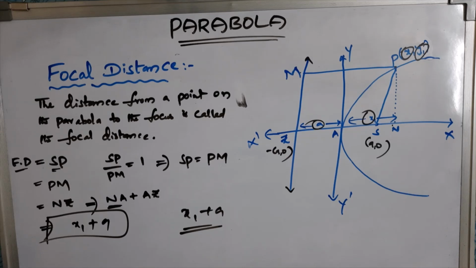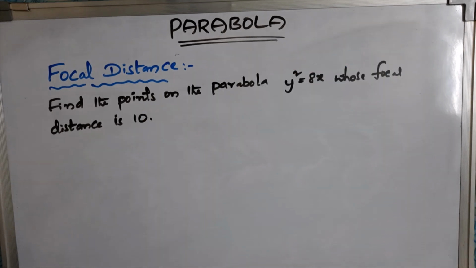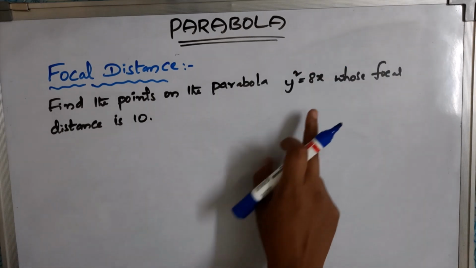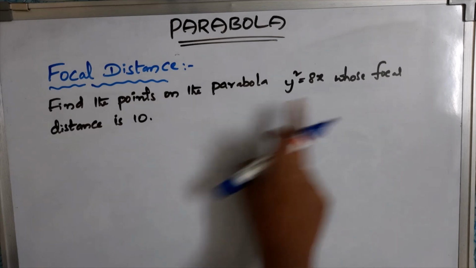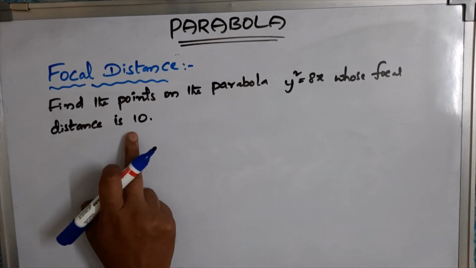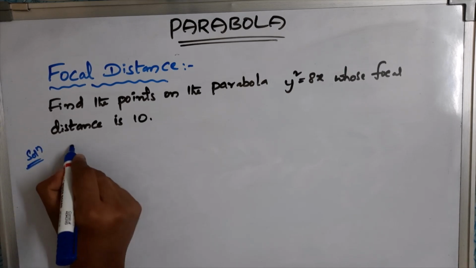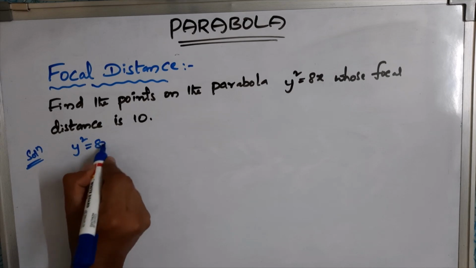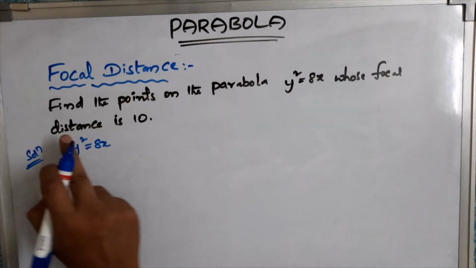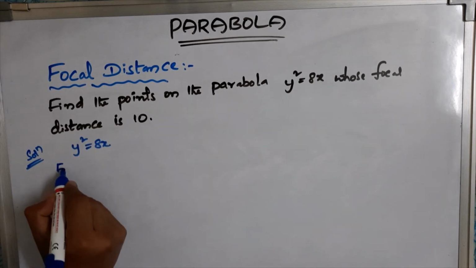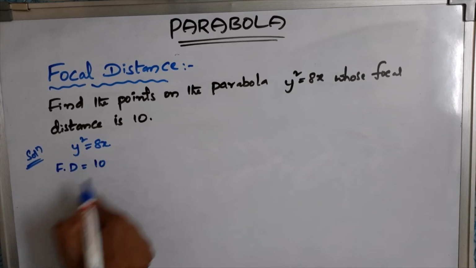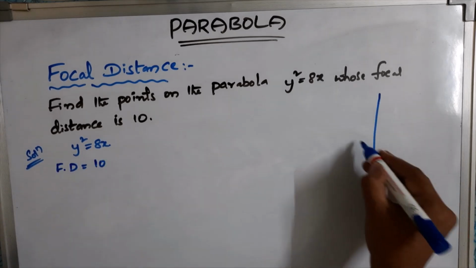Now I am going to solve one problem on focal distance, then we will get a clear idea. As you see in the question, find the points on the parabola y squared equals 8x whose focal distance is 10. So the given parabola is y squared equals 8x, and the focal distance is 10, so the parabola is of this type.